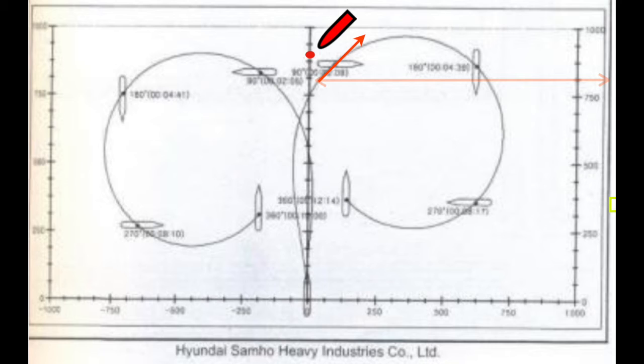We go hard starboard and steady on 045, as the red arrow shows on the turning characteristic curve. The other vessel is approaching the red spot, which is our collision point, like the red vessel, the CF Crystal, on course 225 degrees.